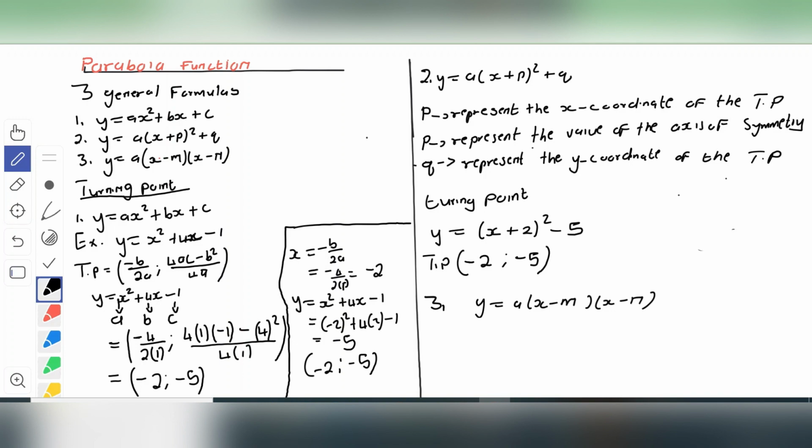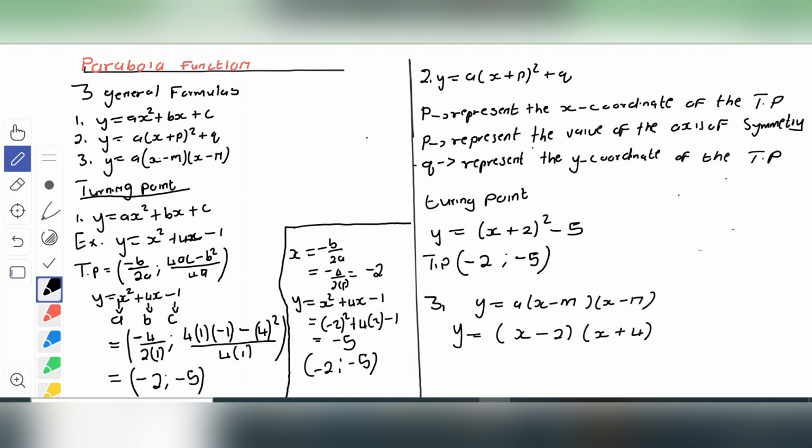How? Let's say you are given y is equal to 1 into (x minus 2) and (x plus 4), and you are requested to calculate the coordinates of the turning points.